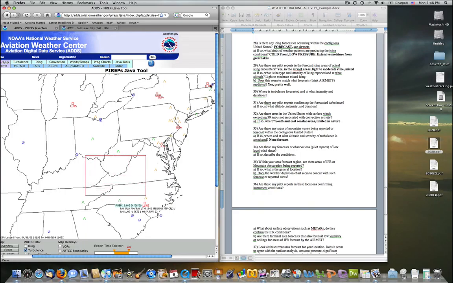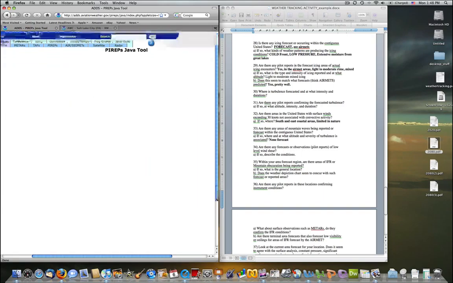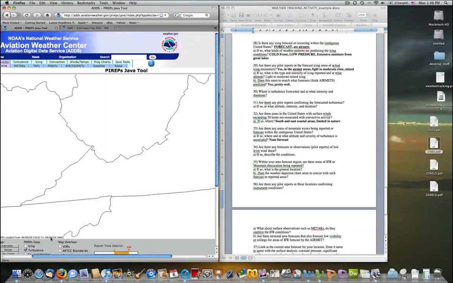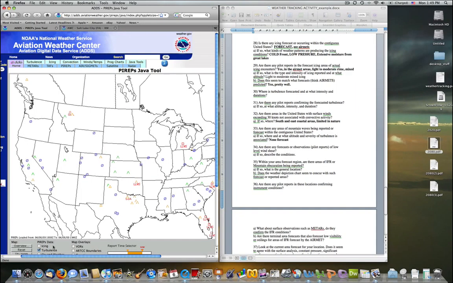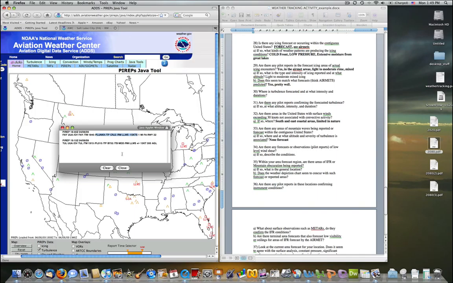We've got another one up here. We'll click on, and it looks like I may have just messed up my Java tools there. I did. I zoomed in on accident. Be patient with me here. Here's another one. This one, plus and minus 15 knots, 300 feet above ground level.